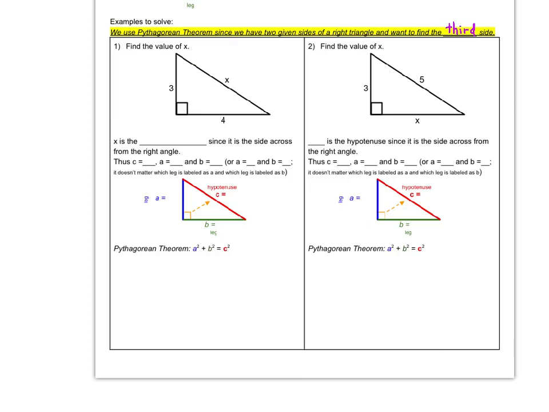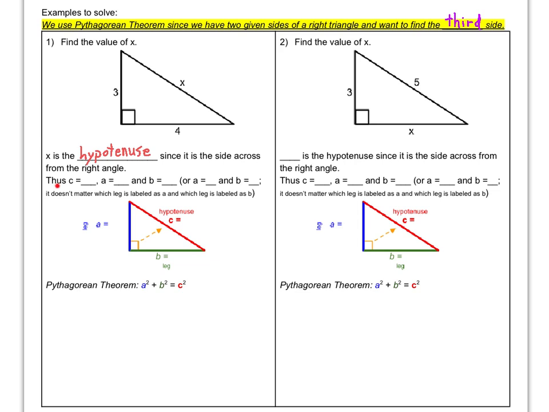In this problem, the x is the side across from the right angle, so that's the hypotenuse. So this means that the c is our x, a is the 3, and b is the 4. Now the legs don't matter which one you call it, so I called a 3 and b 4, but I could flip them around, and I could call a the 4 and b the 3.